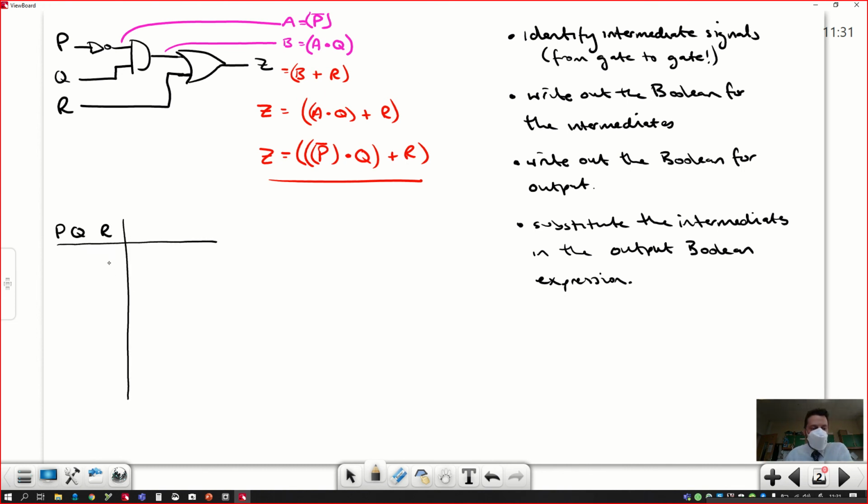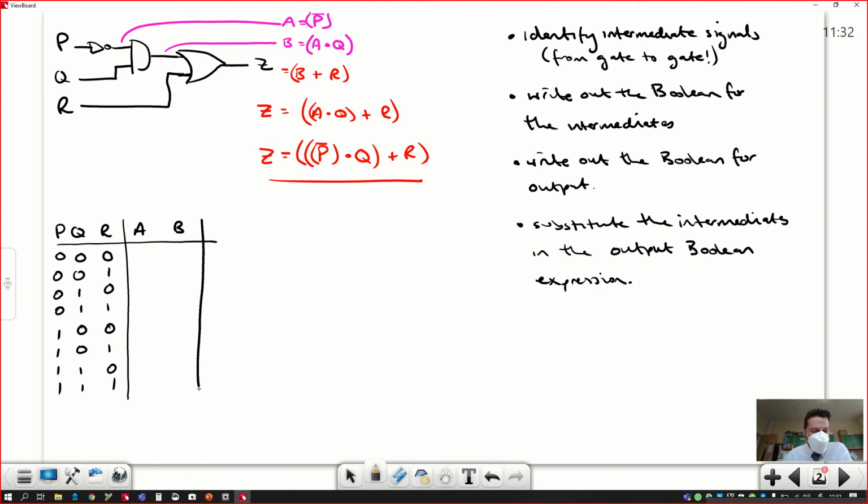So that would be 2 to the power 3 again, so it's 8. 0, 1, 0, 1, 0, 1, 0, 1. As I've said, most of the time you'll get this bit given to you, but just in case. We've got our intermediates A and B, and then we've got Z as our output.